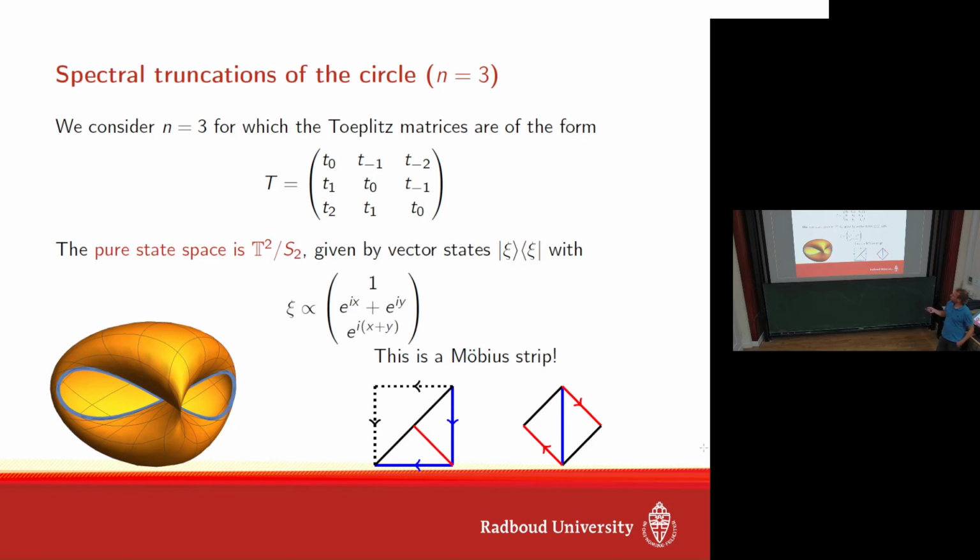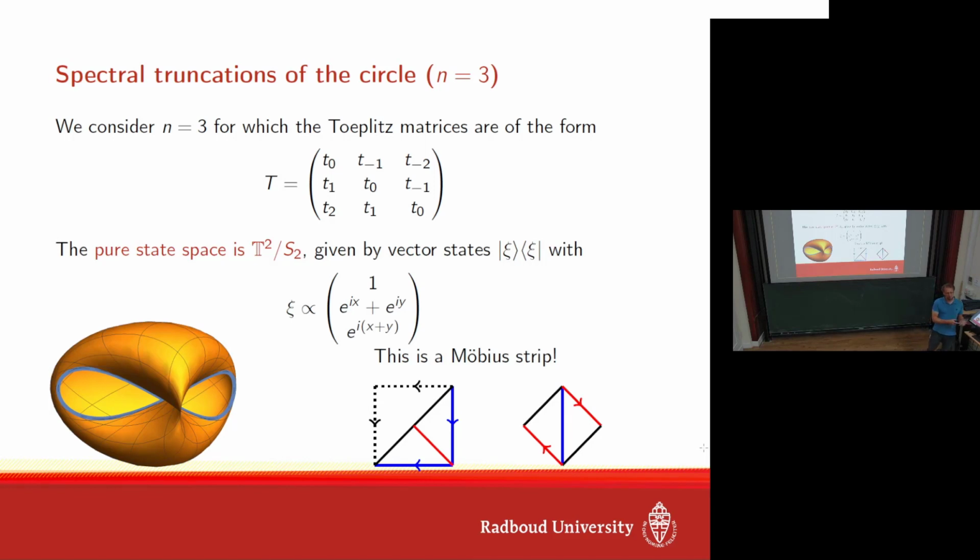And here is an illustration that we found for this, projecting on 2 parts of that pure state space. Actually, when you think about it, this is just a Möbius strip. So it's already quite some structure that you find in this state space, even in this simple case of just 3 by 3 matrices.